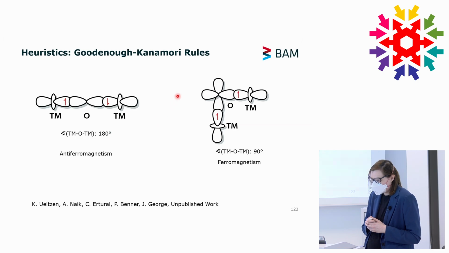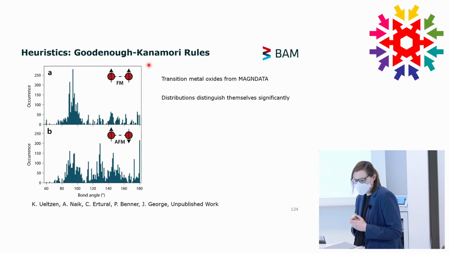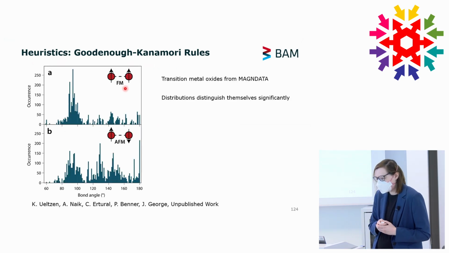So we now use these kind of tools to test, first of all, these good enough Kanamori rules on our data set. So we look at all ferromagnetic interactions and then check the bond angle. So for ferromagnetic interaction in transition metal oxides, you really have this peak at 90 degrees. For antiferromagnetic interactions, it's not that easy.